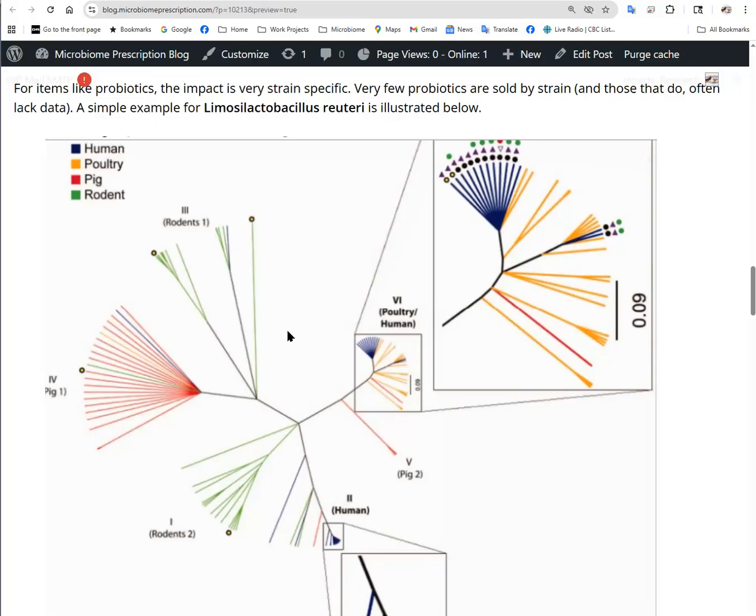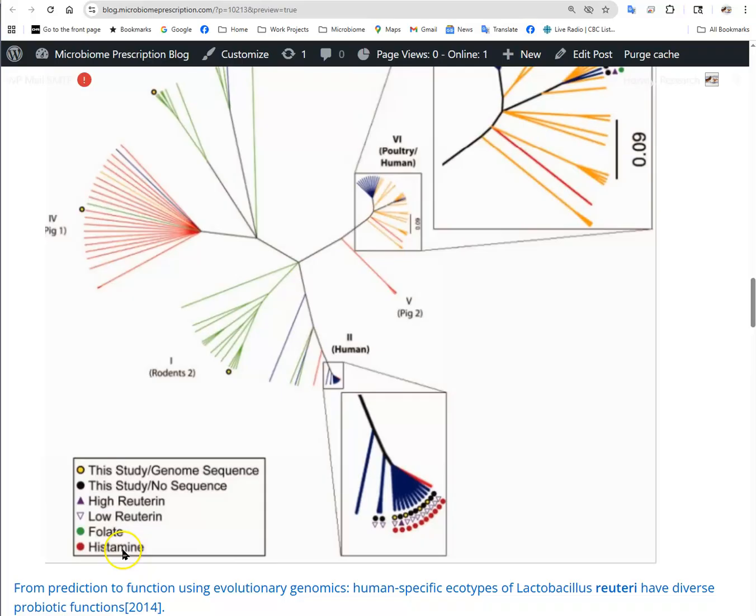In my reading through the years, I found one absolutely beautiful chart showing how different strains of Lactobacillus reuteri produce high or low reuterin, folate, or histamine. Reuterin is a naturally occurring antibiotic, and as you see, it's there.